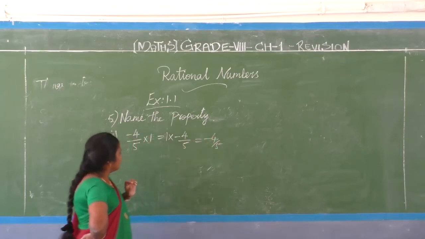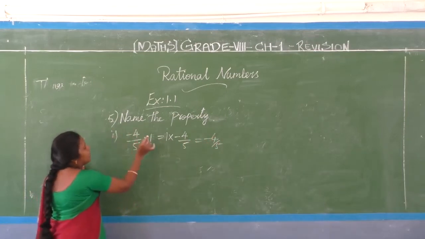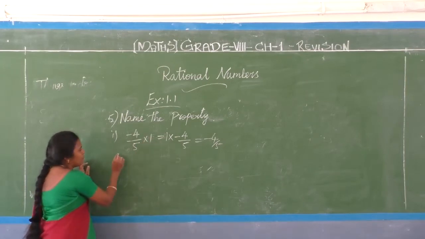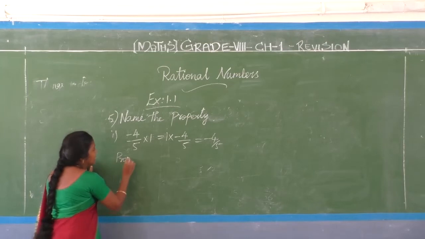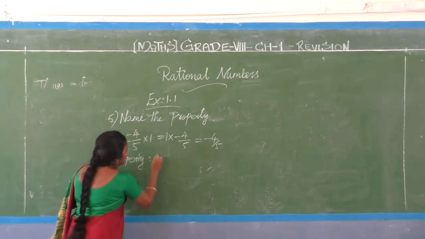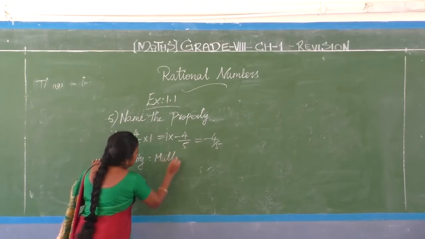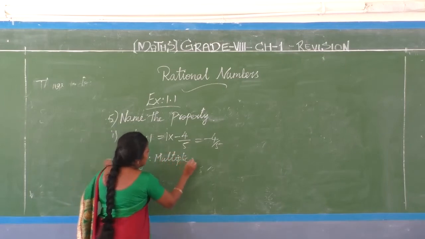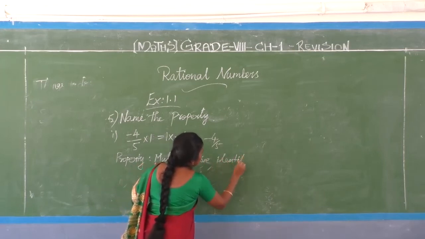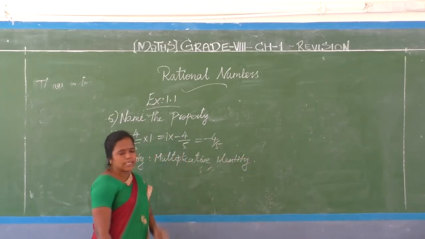So here, which property is used? The multiplicative identity. So the property name under multiplication is multiplicative identity. Clear? Like this, the remaining few questions are given.